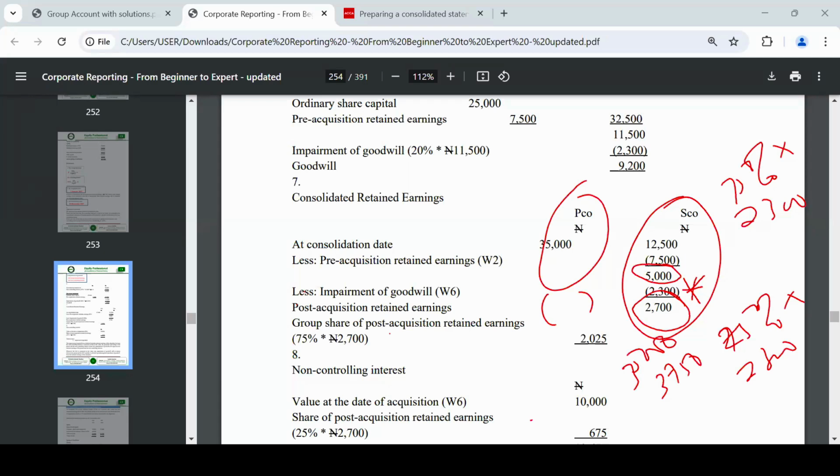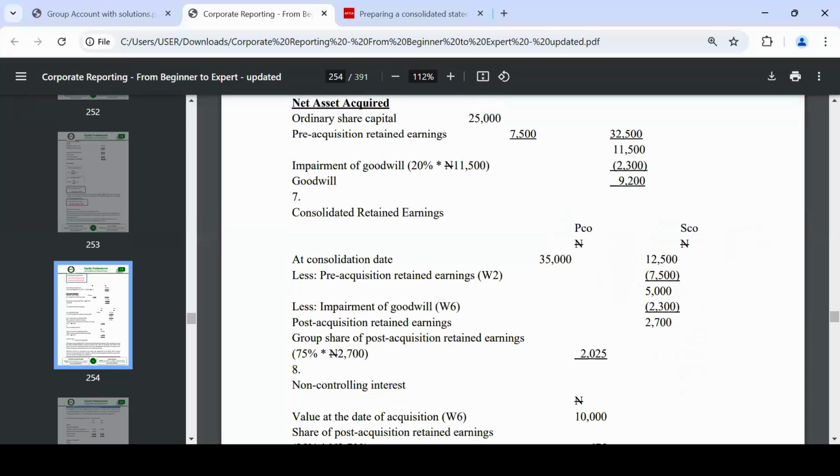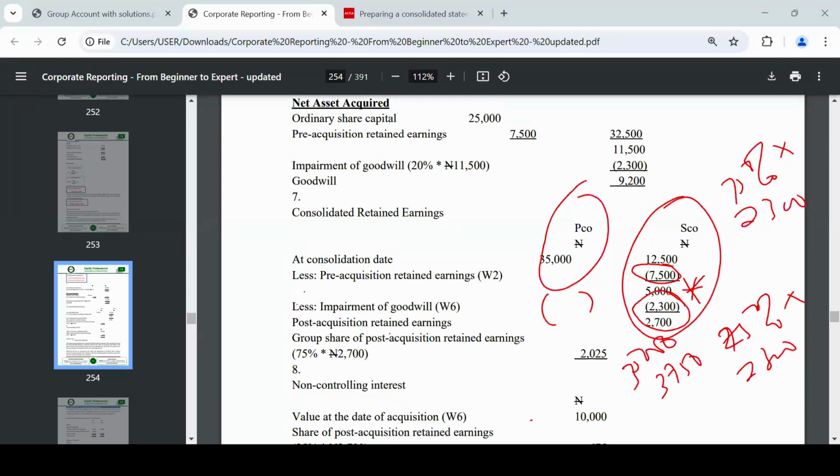Now, if I come here and I say deduct 1,725 from this, I am still going to get the same amount as my group retained earnings.